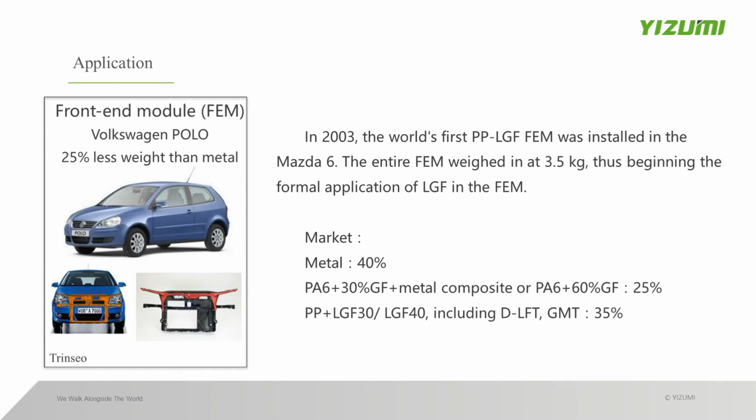They have started to use long glass fiber products to replace the traditional metal and PA front end modules, because we have a big advantage in material cost over metal.